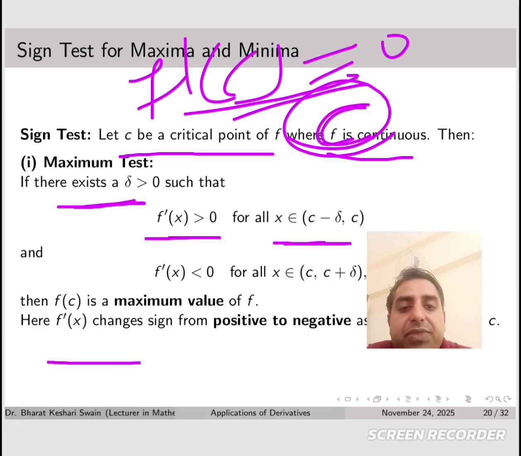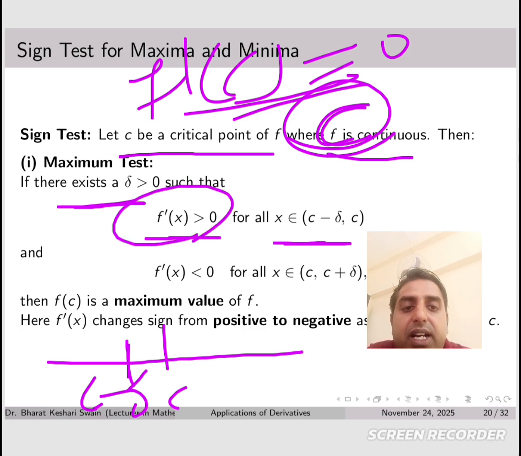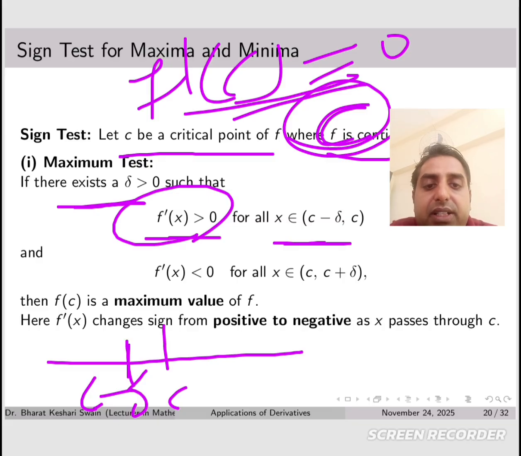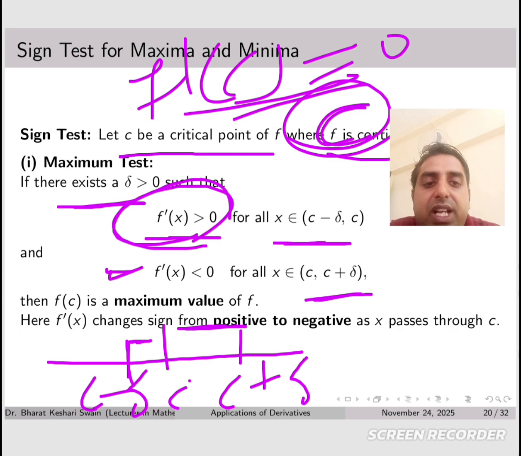This is your c, and c minus delta is on the left of c. And for the right part, this is your c plus delta. So for c minus delta to c, f dash x is greater than 0, and for c to c plus delta, f dash x is less than 0.